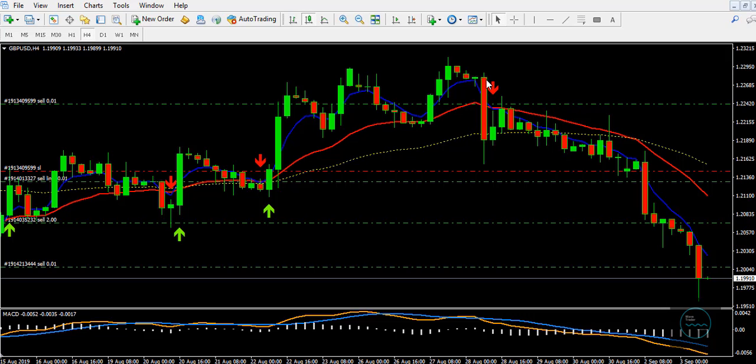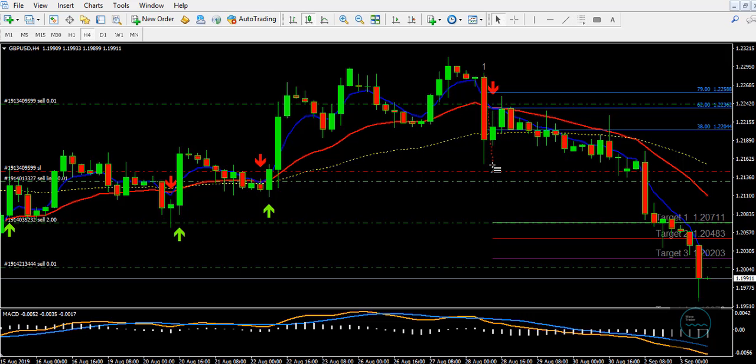Okay, I knew when it did this, and this was what I did. So when I saw this long candle here coming down, I knew that the retracement was getting close to an end. So what I did was I took a retracement value of this long candle here. Of course, I went lower, but you can see it here.